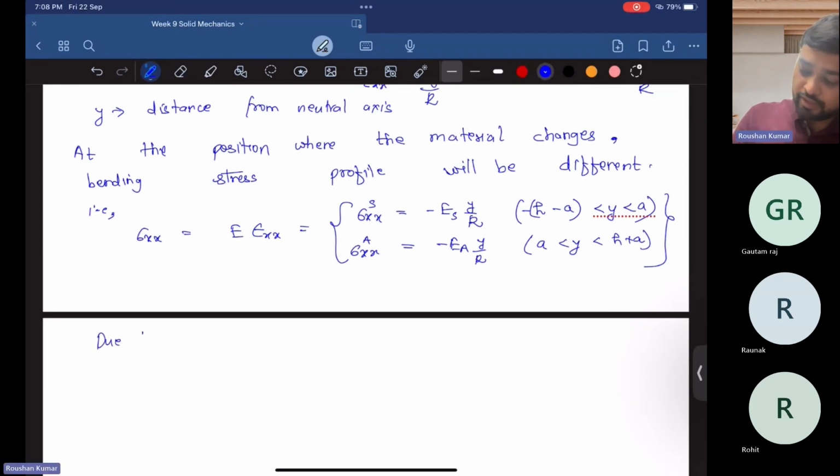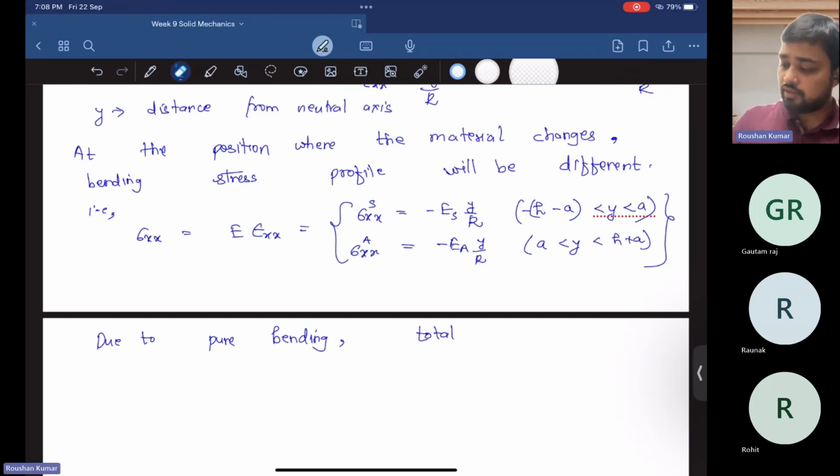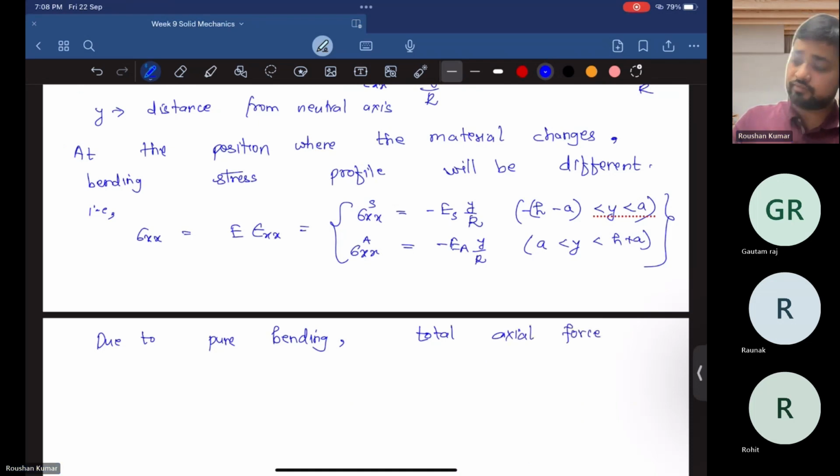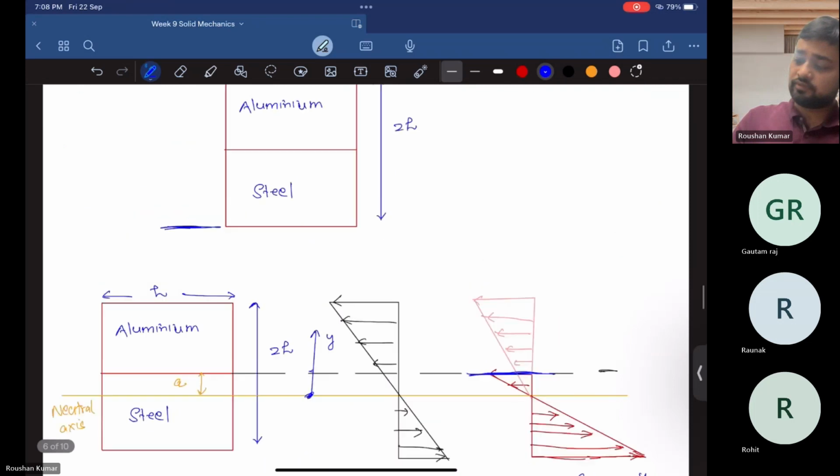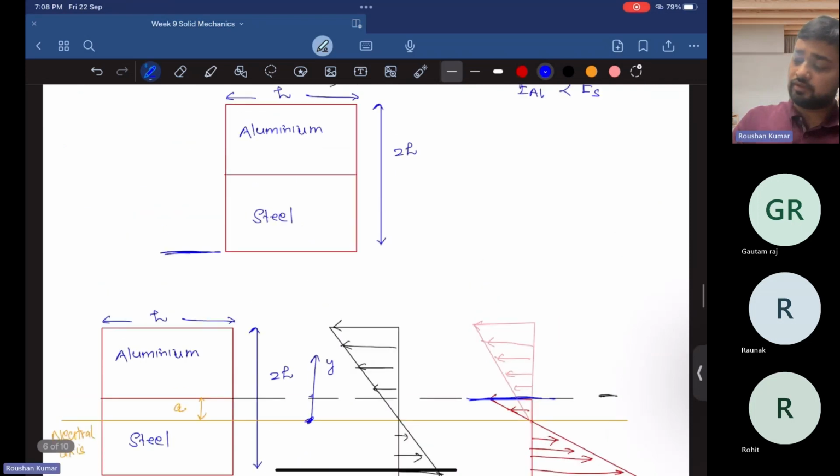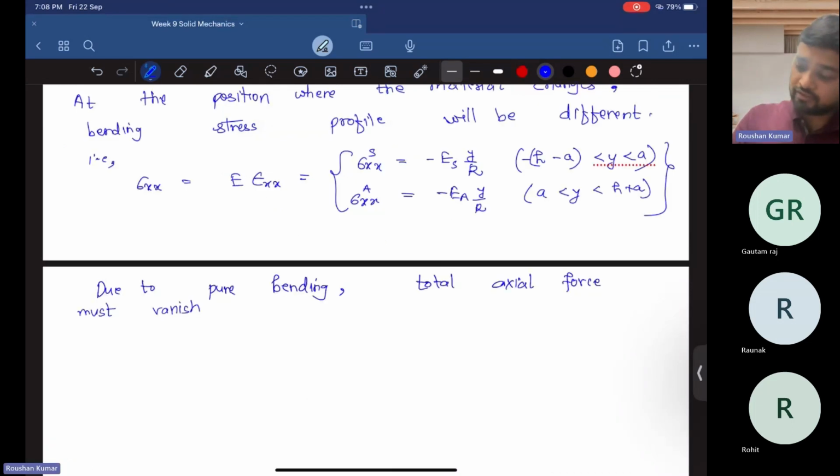So due to pure bending, the total axial force must vanish in the cross section.